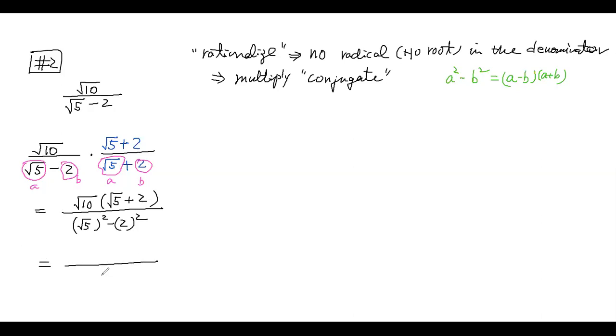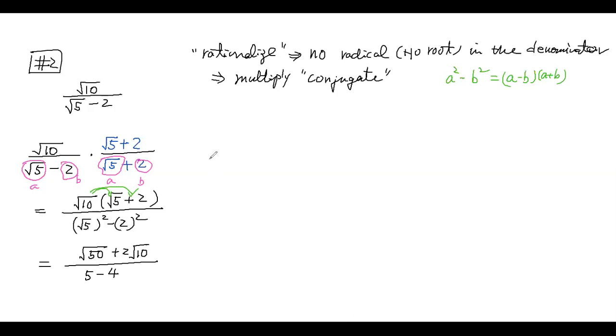The square root of 5 squared is 5, minus 2 squared, which is 4. For the top, I need to use the distributive property. The square root of 10 times the square root of 5 is the square root of 50, plus 2 times the square root of 10.